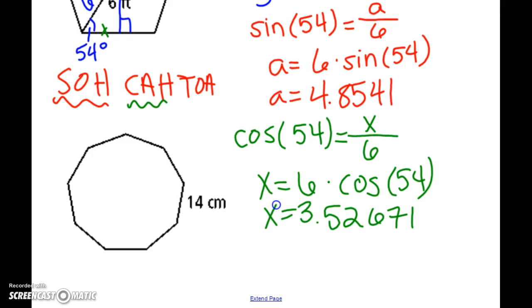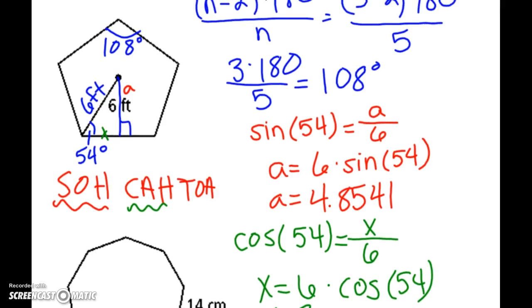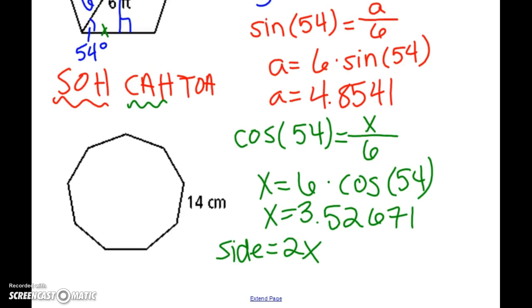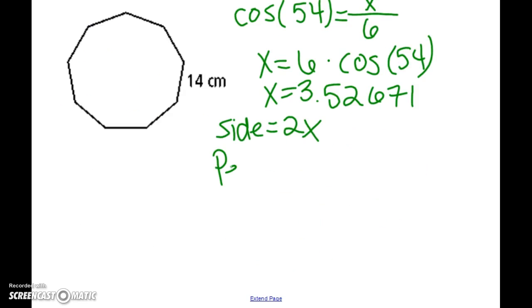Now I need to get the whole side length. The side is going to equal X times 2. But while I'm at it, I'm just going to go ahead and get the whole perimeter. We are dealing with a pentagon, so my perimeter is the side length times the number of sides.